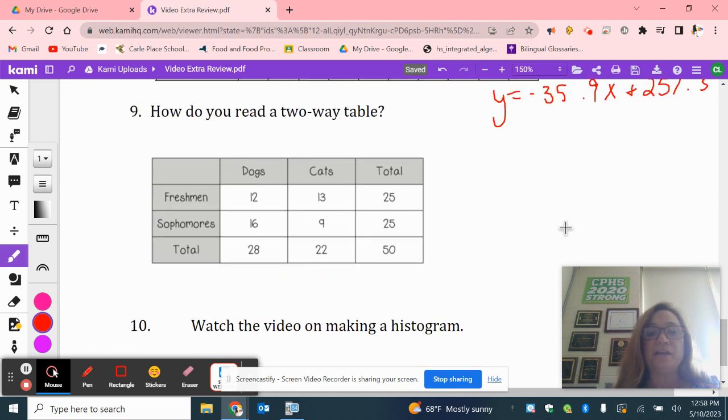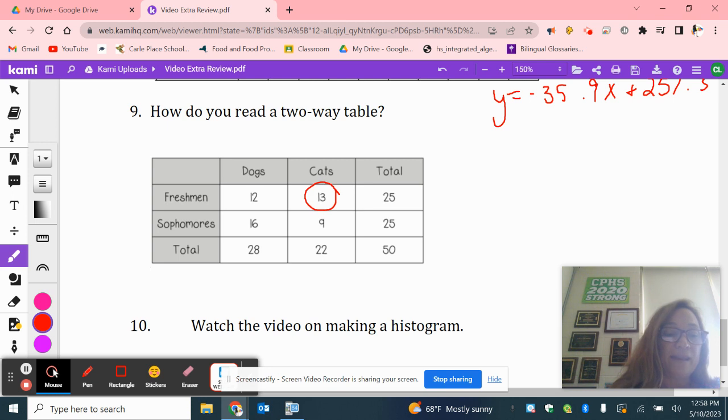Okay, how do you read a two-way table? All right, so you have columns. Columns go down, and you have rows. Rows go across. So you're always looking for a frequency. So for example, I'm going to circle the 13. What that 13 means is that there are 13 freshmen who have cats. 13 freshmen who have cats.